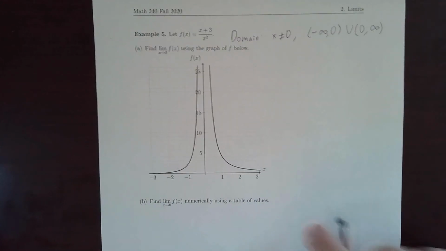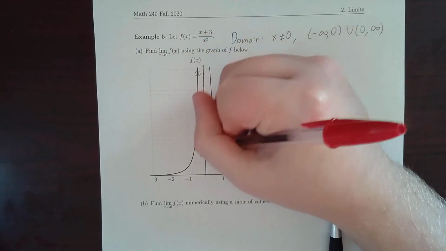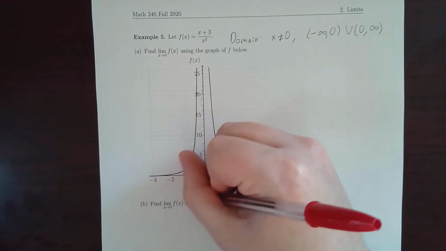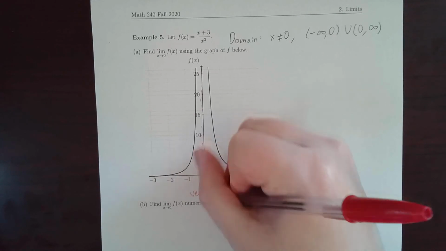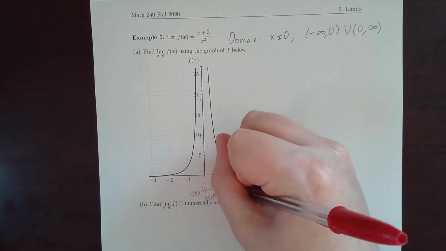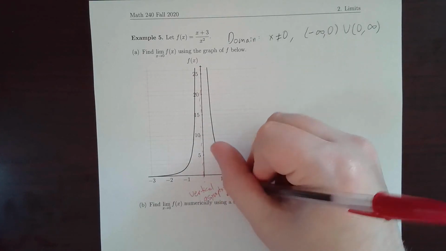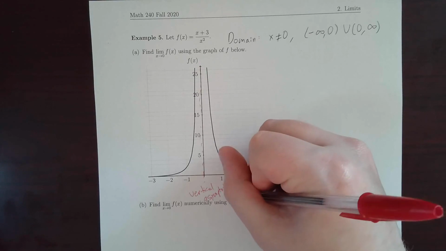So this here in the center is a vertical asymptote at x equals 0.